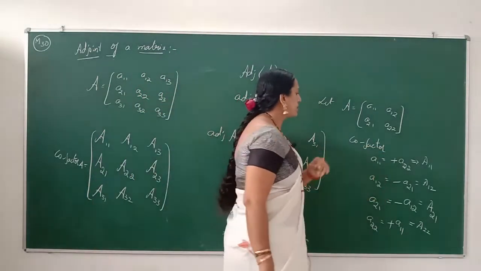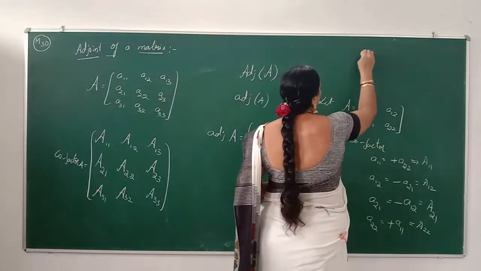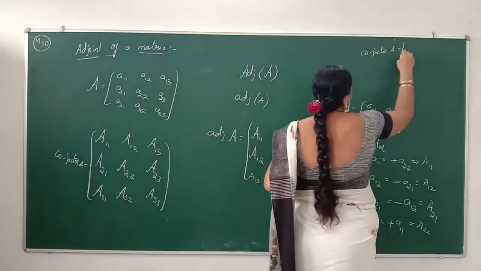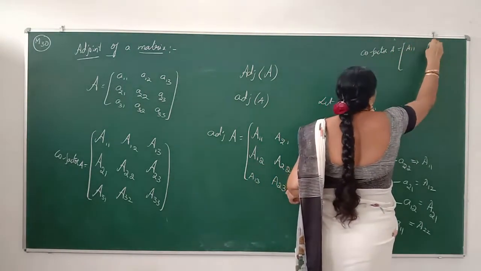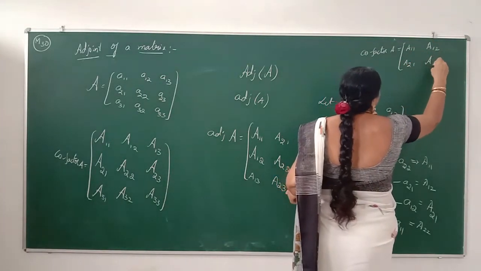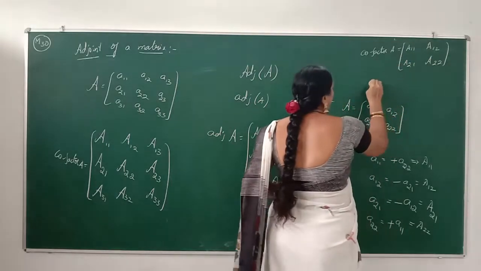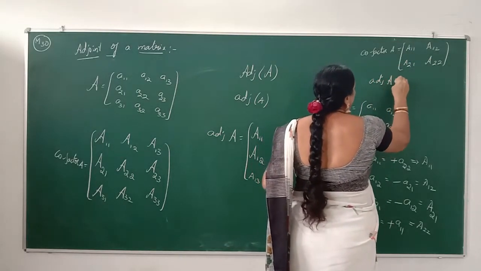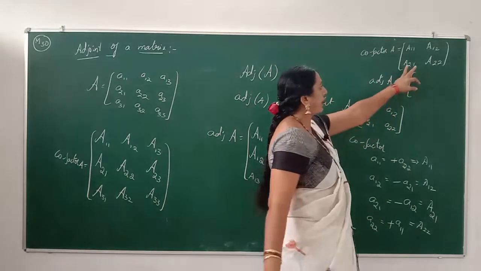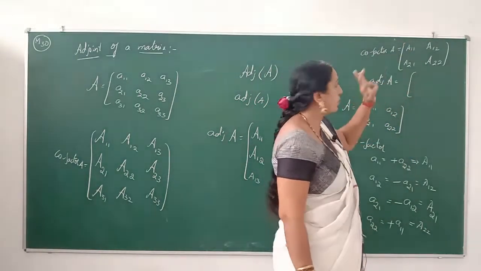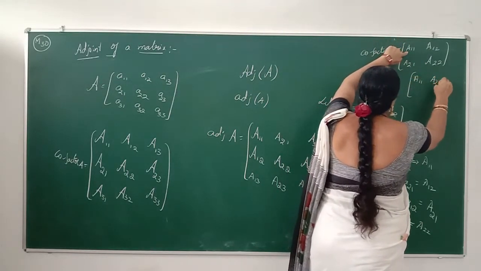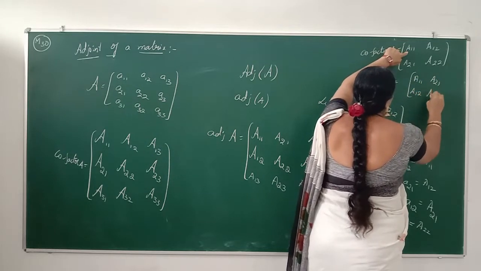Then these elements are also represented in the form of a matrix. Cofactor of A will be equal to A11, A12, A21, A22. But after that, the adjoint of A means the transpose of the cofactor matrix, that is A11, A21, A12, A22.